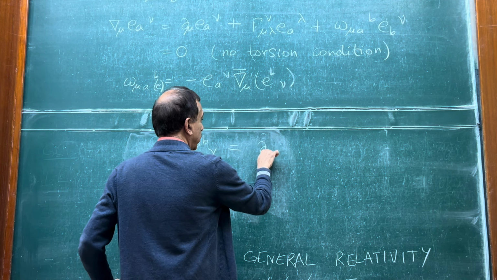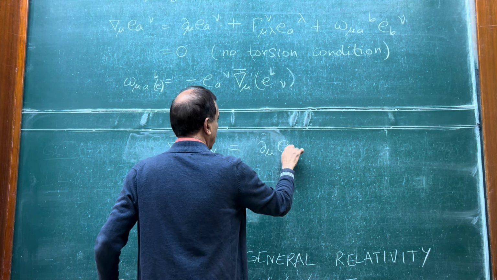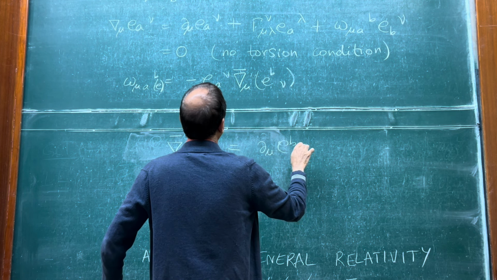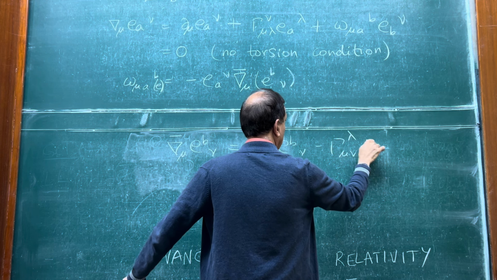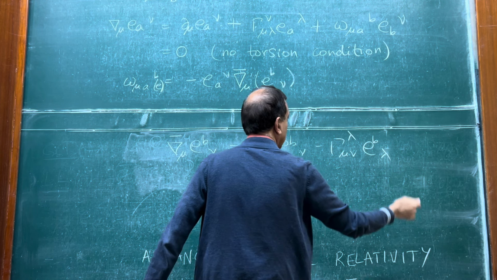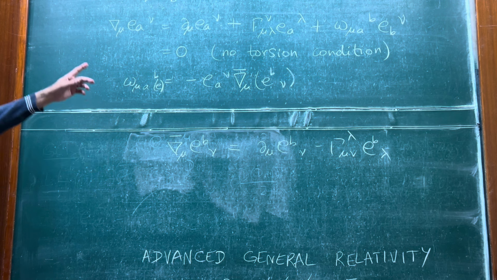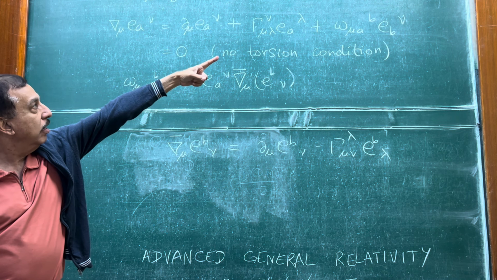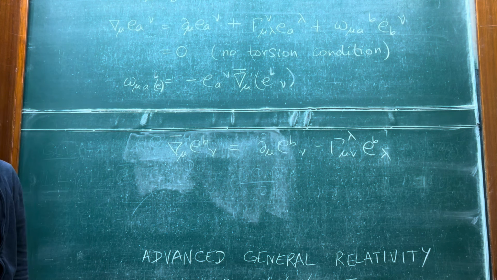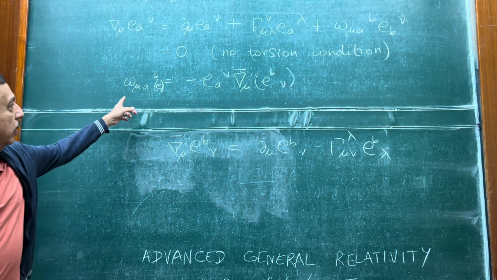So therefore by definition it's del nu E B nu minus gamma mu nu lambda E B lambda. And it's almost obvious, it's just by solving that. So the first two terms are actually nabla bar of E, and then the last one is omega, and so you get this solution.